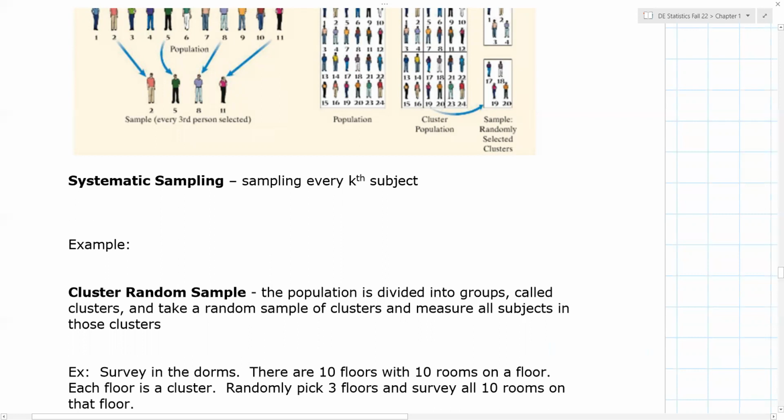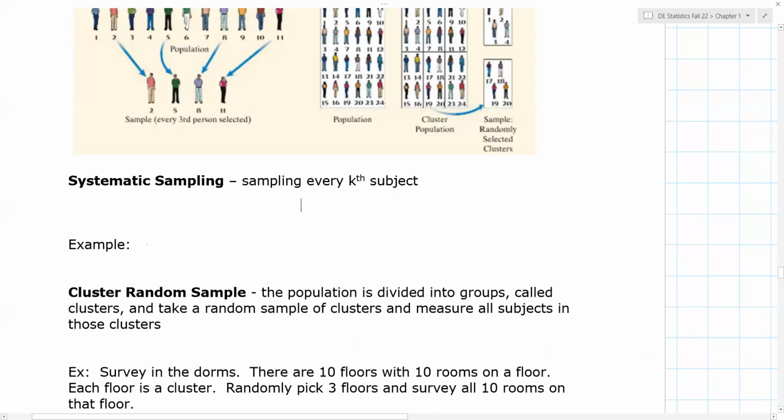This is the only type of sampling technique that does not require a frame. You don't need to know how many things are in the population. It is an ongoing process. So you can do this: I'm going to check every 100th calculator forever. And so you don't need a frame. It works very well for that type of work.